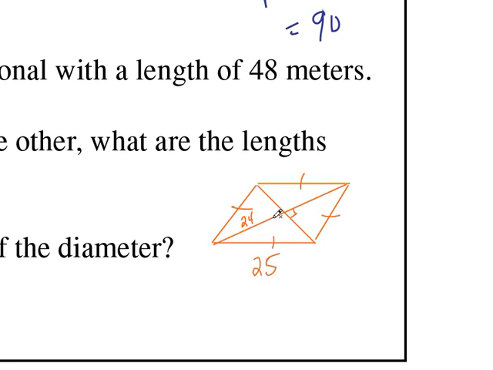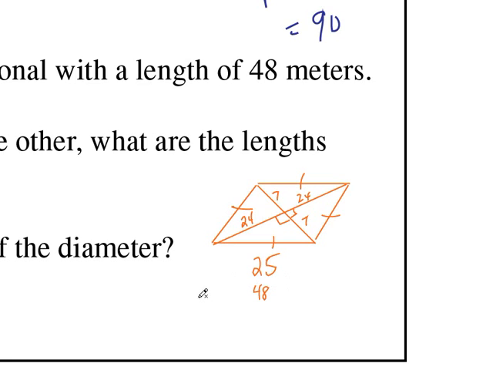Now look at this. This is a special right triangle, 7, 24, 25. You could do the Pythagorean theorem if you really wanted to, but that's 7. So what's this other part? That's 7, and that's 24. So what are my two diagonals then? 48 and 14.